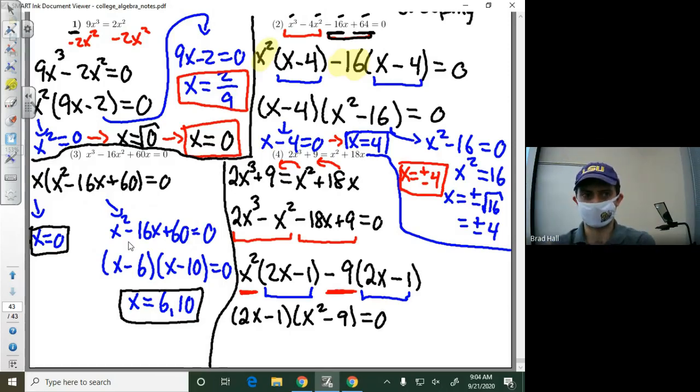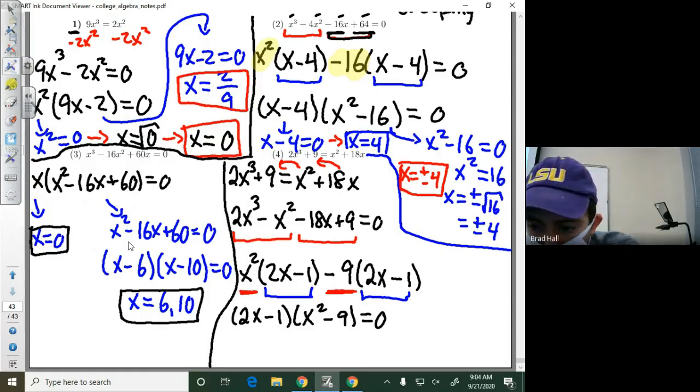Now that we have it factored, go ahead and solve each one individually.